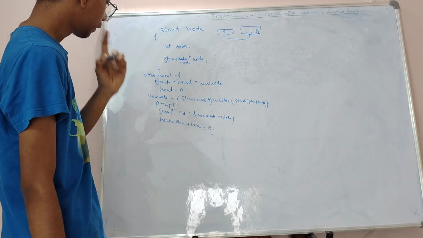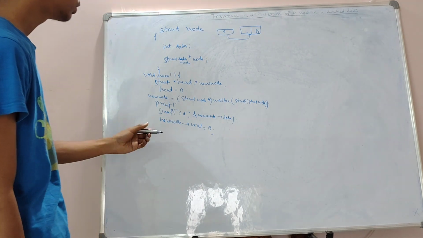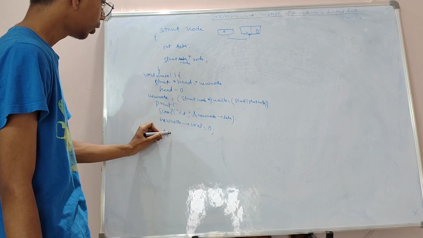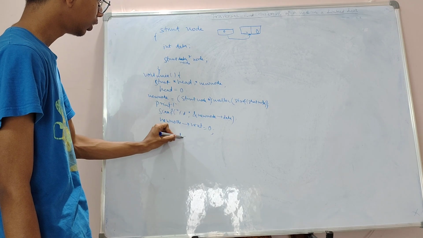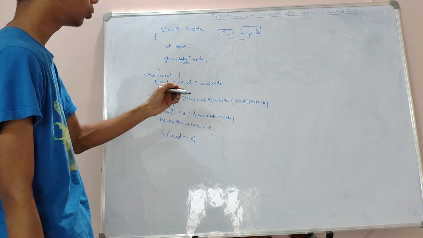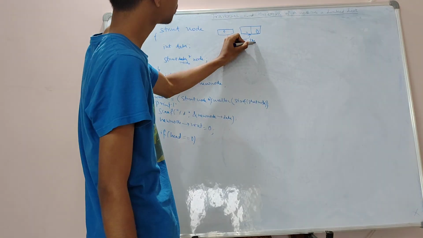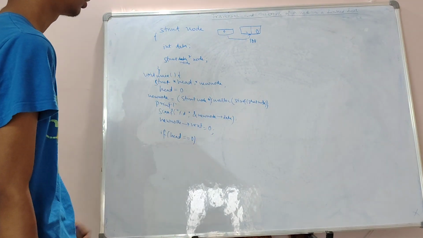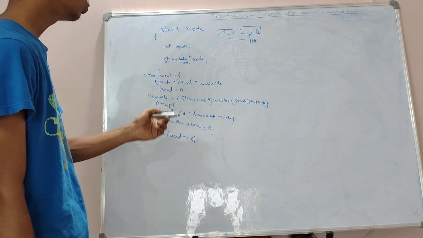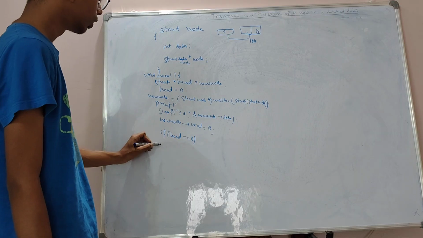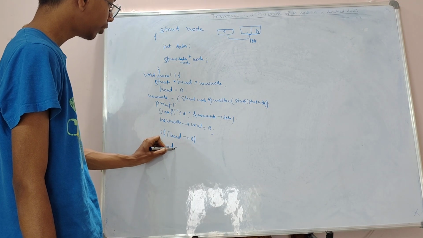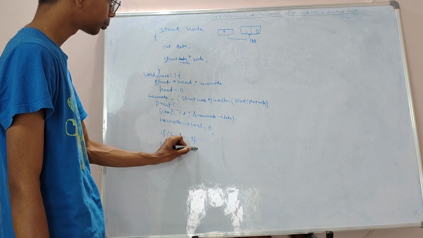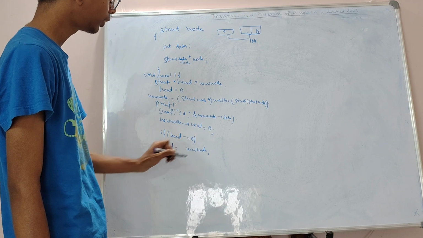And now I will use a statement: if my head is 0, then, suppose the address of this node is 100 and my new node address has been stored, I will equate my head to new node, right?